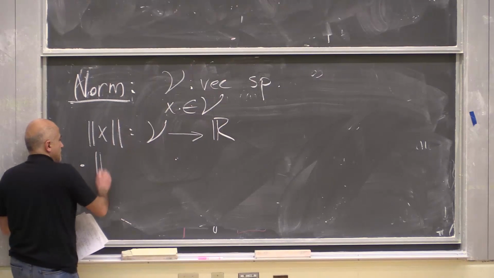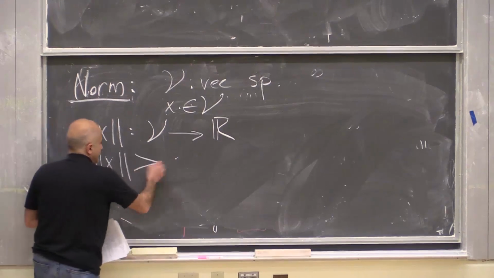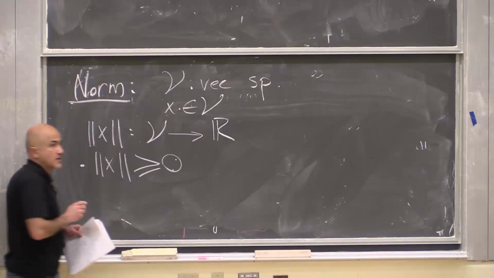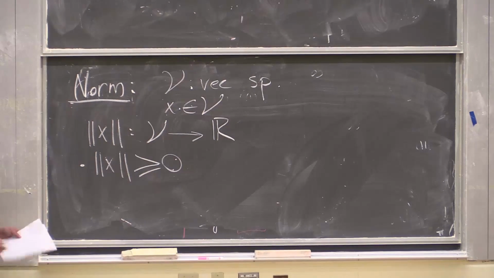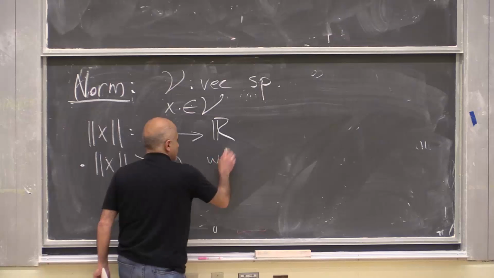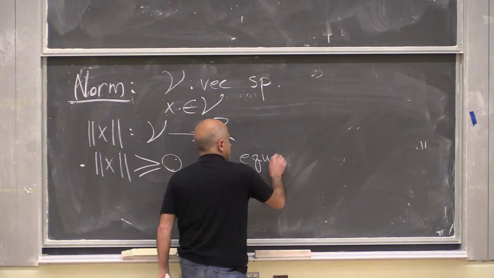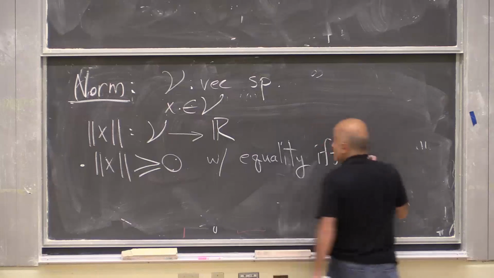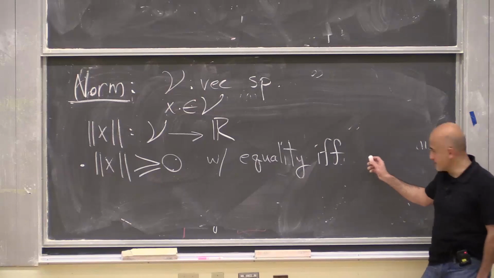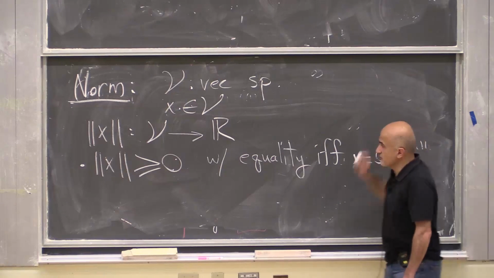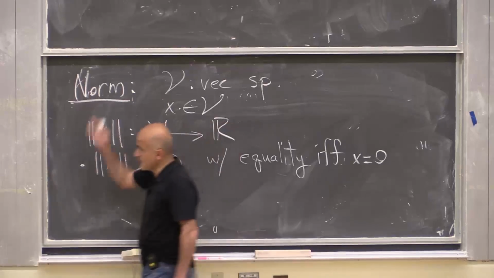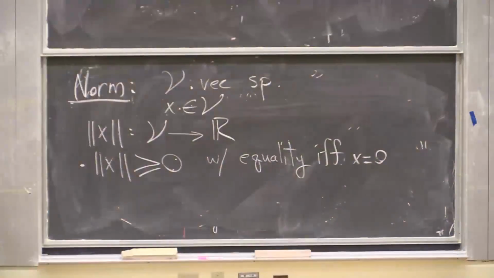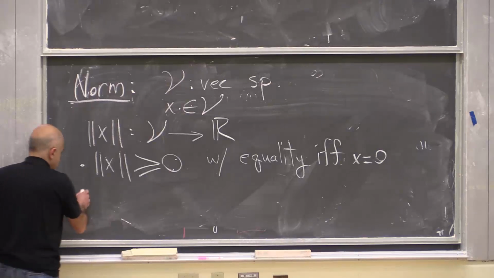So one of the properties is that it must be non-negative with equality what? If and only if x is 0. So the only way the norm of an element in my vector space can be 0 is if that element is the 0 element in my vector space.